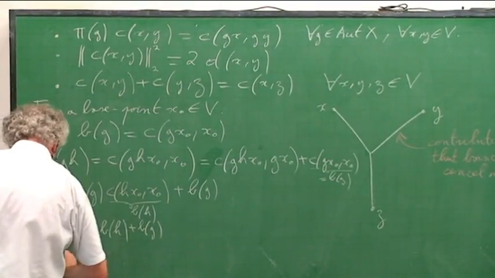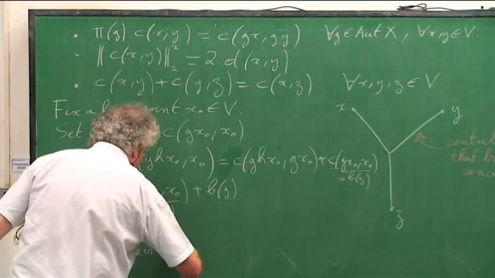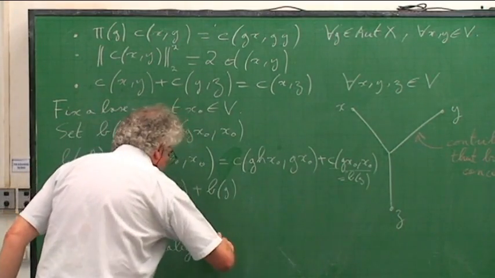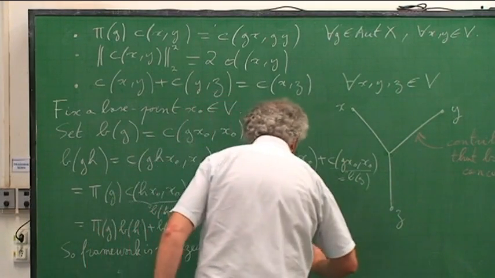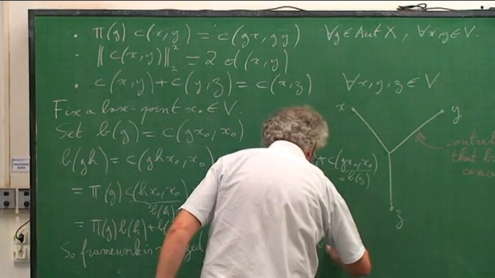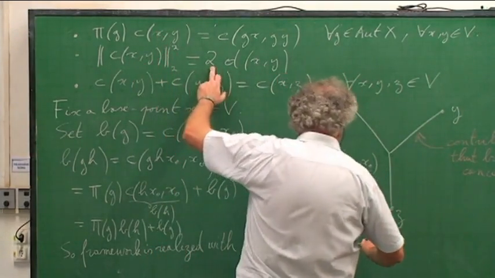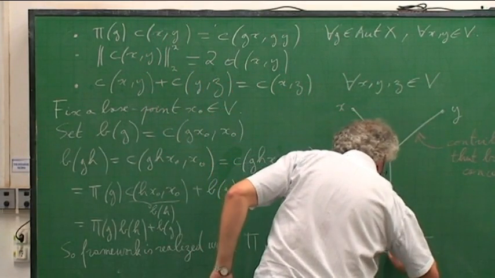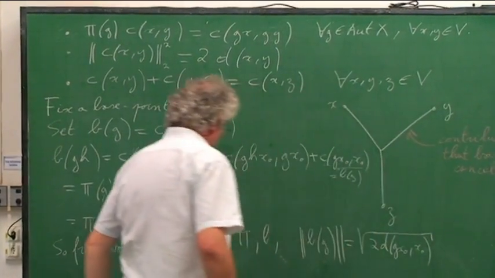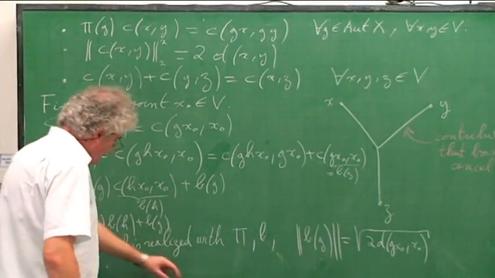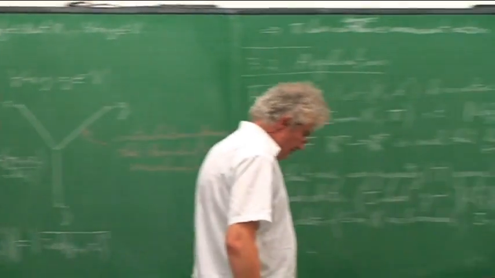So the framework is realized with pi d, and we have that the norm of V of g is the square root of twice the distance between g x naught and x naught.